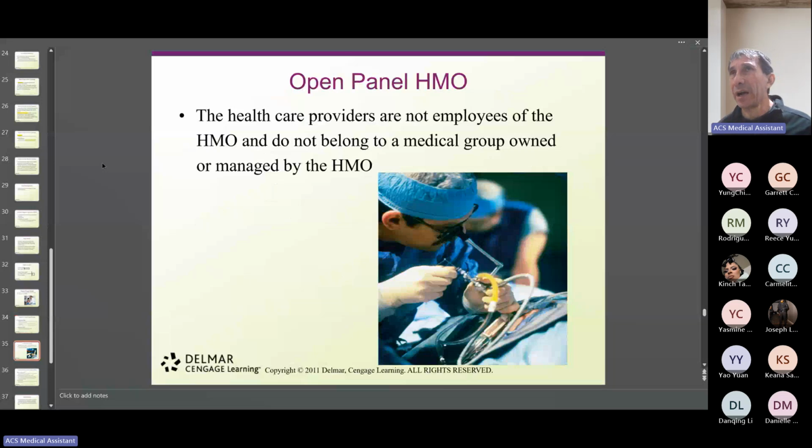Now, think about the opposite, open panel HMOs. The healthcare providers are not employees of the HMO and do not belong to a medical group owned or managed by the HMO. So you work for a private company, for a private insurance. Because remember, HMOs can be private organizations that they just contract with because it's convenient.